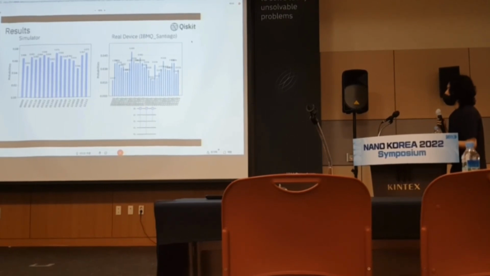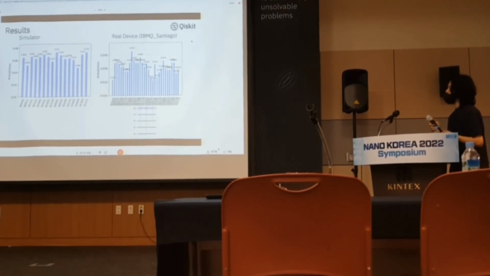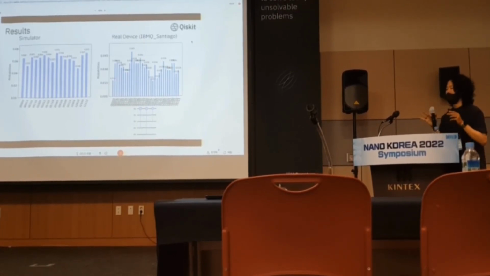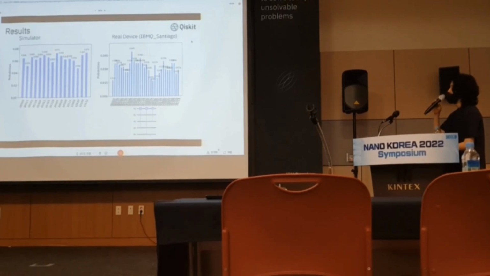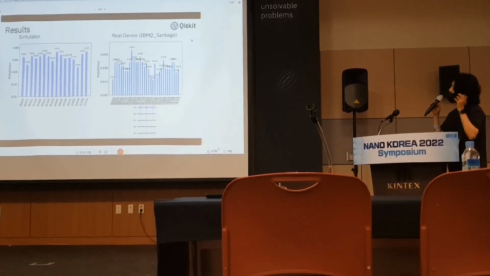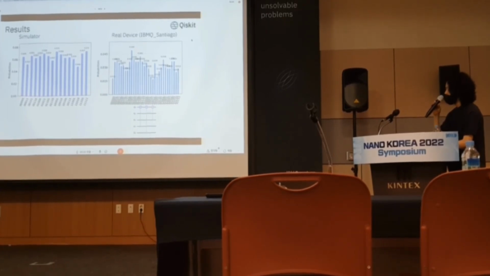So we have to distill out some wrong states. But it is hard to do because the probabilities are not dramatically different from each other. So we conclude that in a real device, this algorithm does not perform well, we think.